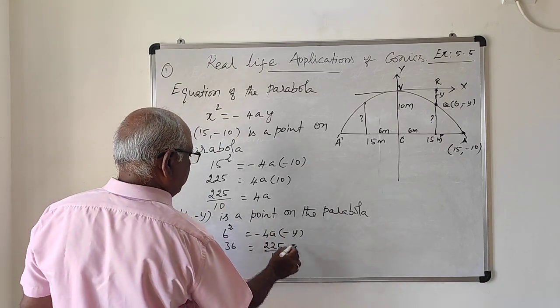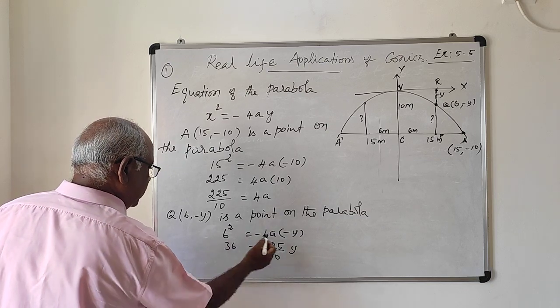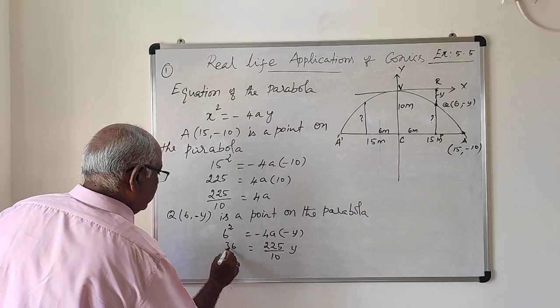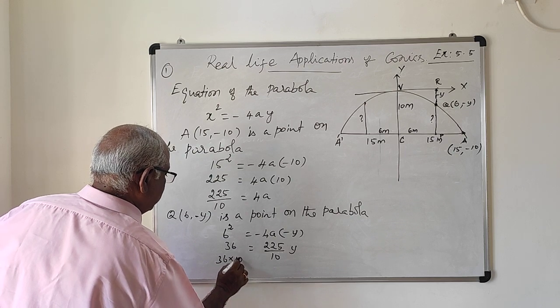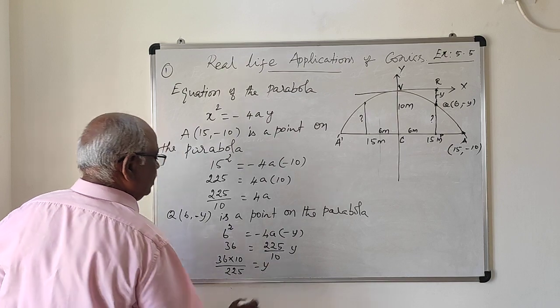Therefore, y equal to 36 into 10 by 225, which is 360 by 225.